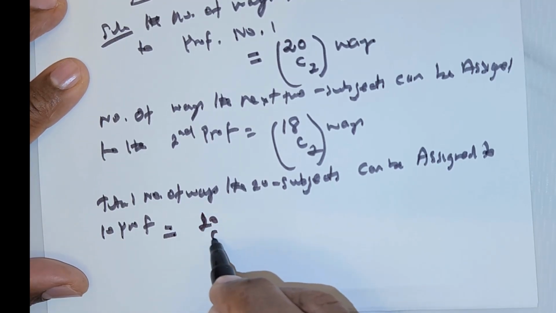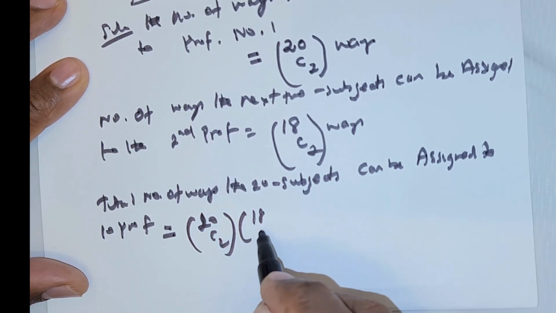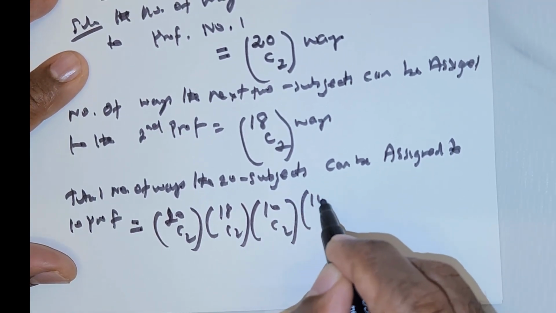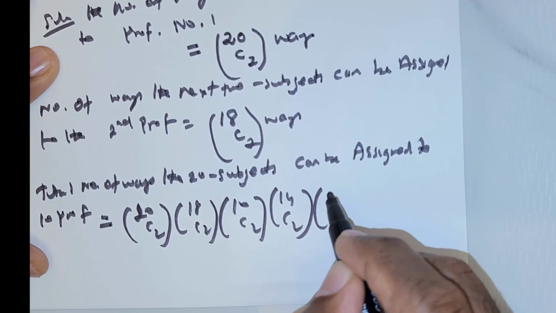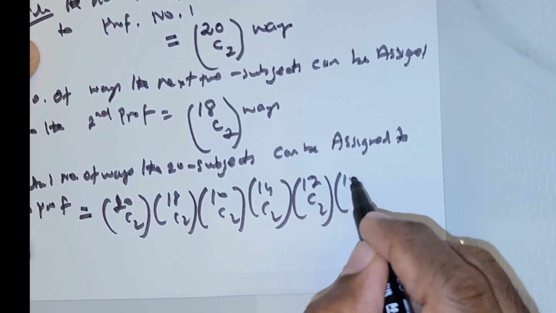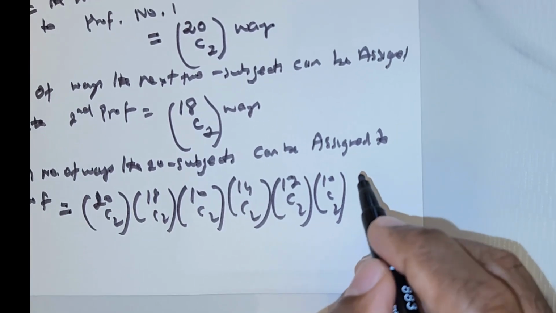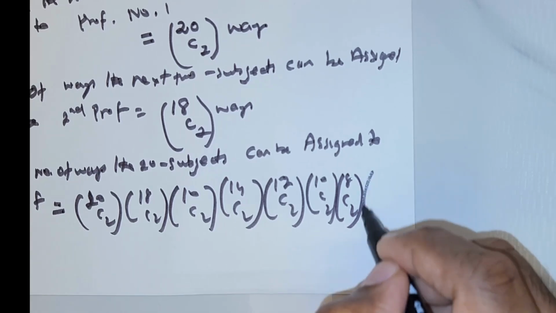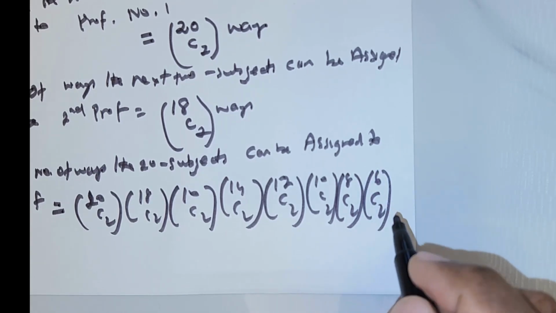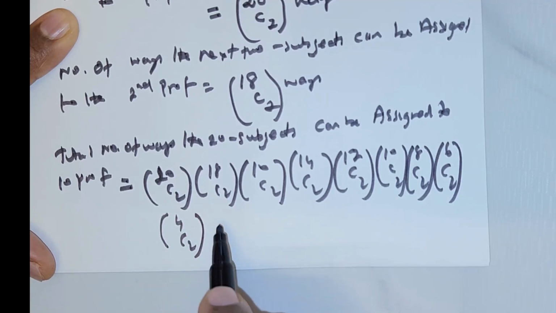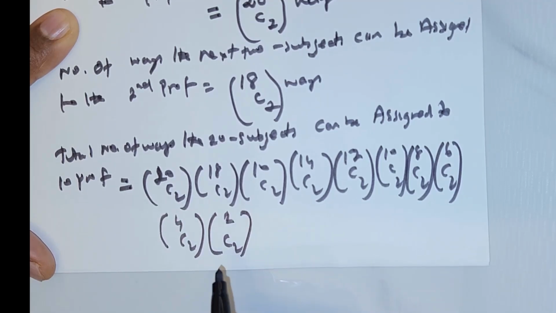First professor 20C2, second professor 18C2, third professor 16C2, fourth 14C2, fifth 12C2, sixth 10C2, seventh 8C2, eighth 6C2, ninth 4C2, 10th 2C2.